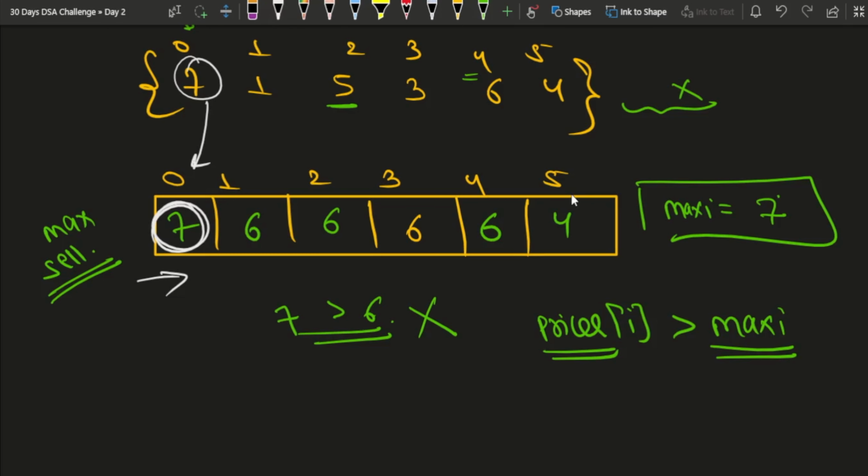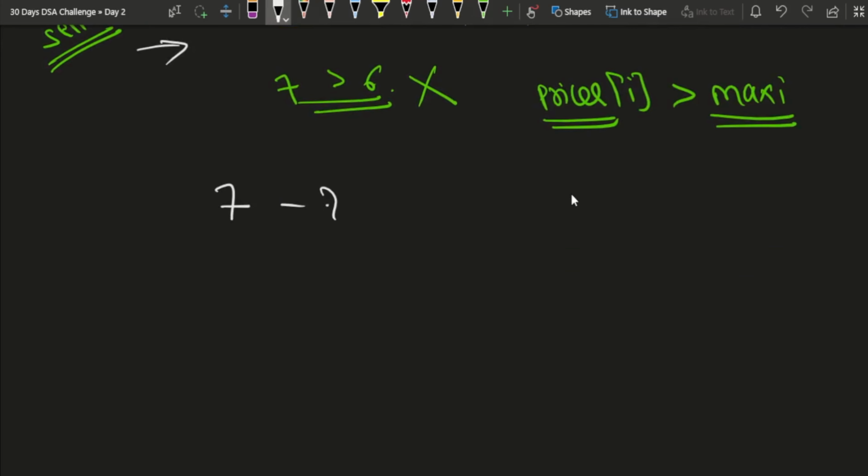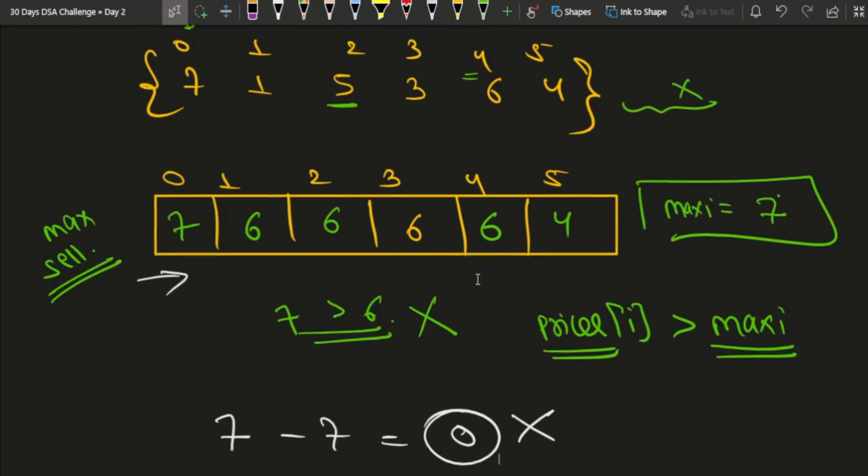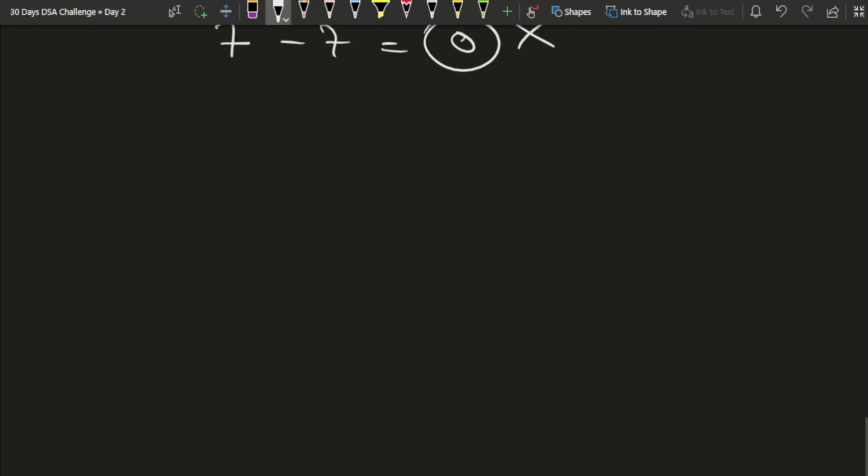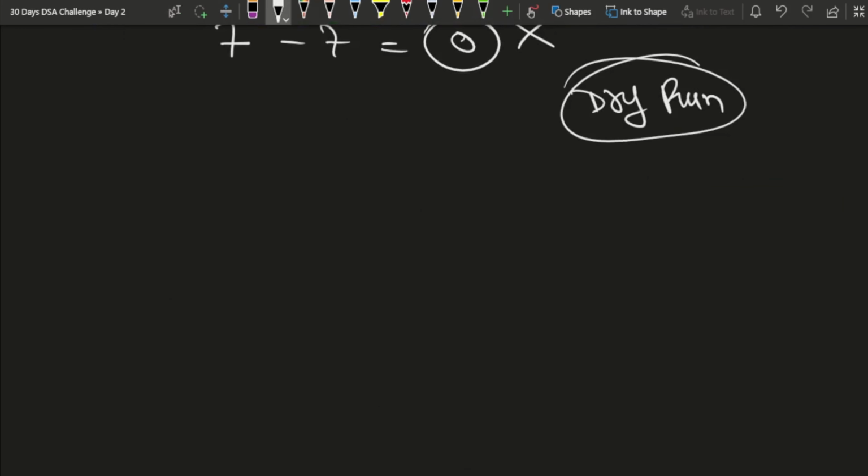The answer is no, it will not. Why? If I buy the stock and sell the stock on the same day, I'll make 0 profit, and if it is 0 profit, we will not consider it. I hope this is clear, and if you have any doubt, please do a dry run, and then this intuition or approach will be clear in your head.